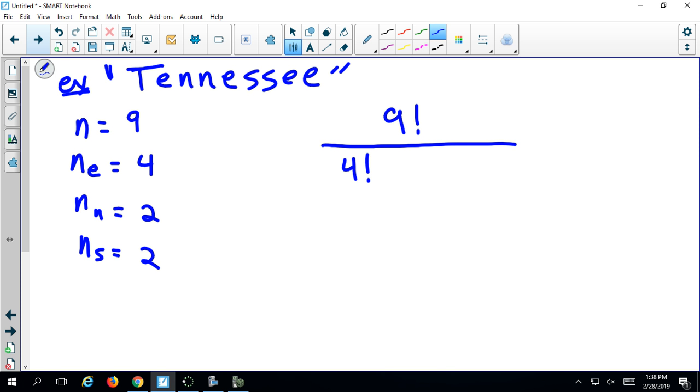And how many ways can I rearrange the 2 N's? Just 2 times 1, 2 factorial. And then 2 S's, 2 factorial. So you divide by the number of identical things factorial for every item that repeats.